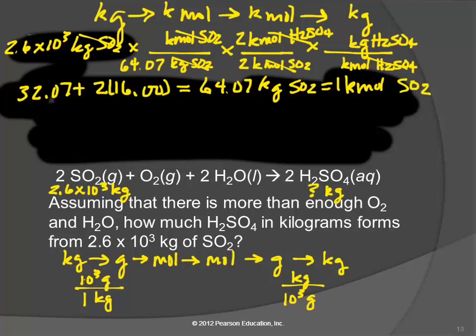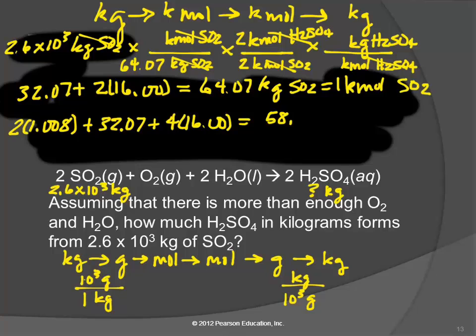And then we need H2SO4, 2 times hydrogen, and 1 sulfur, and 4 oxygens. That's not right. This is 4 times 16. It's got to be bigger than SO2. So start over again. 4 times 16 plus 32.07.